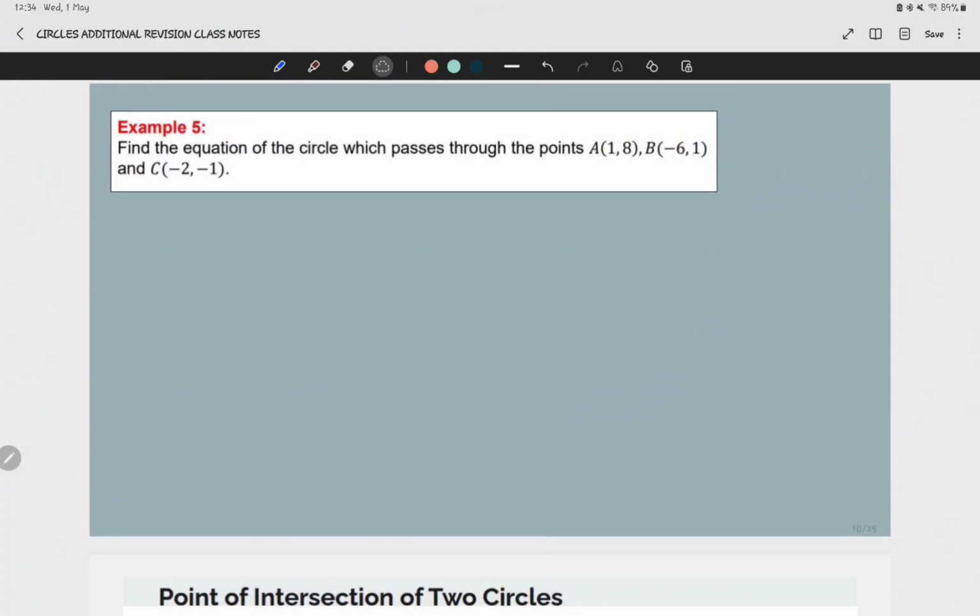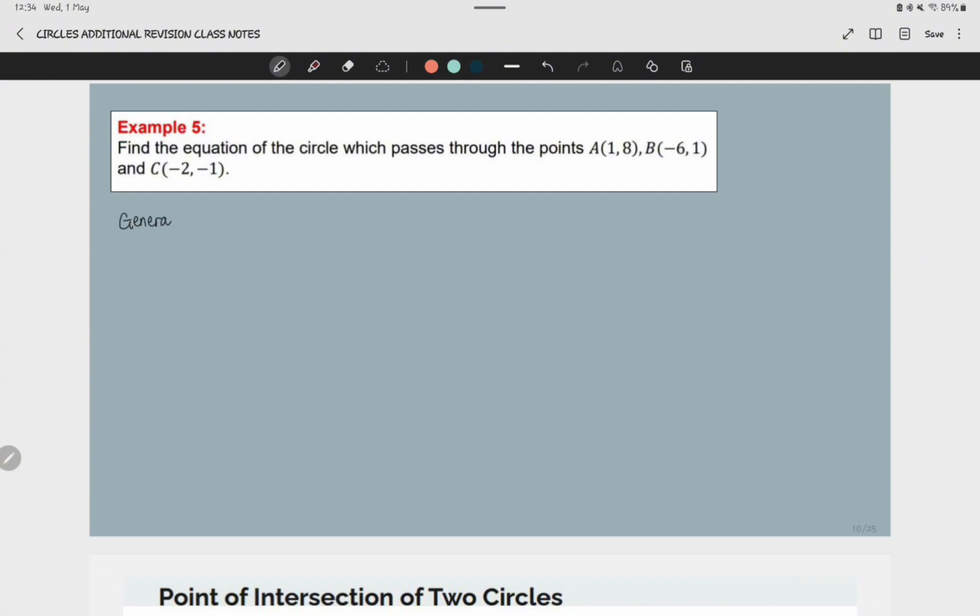Find the equation of the circle which passes through the points A, B and C. Now we have a circle and that circle passes through these points, which means that these 3 points lie on the circumference of the circle. So when you don't know how to solve it, you refer back to your general equation.